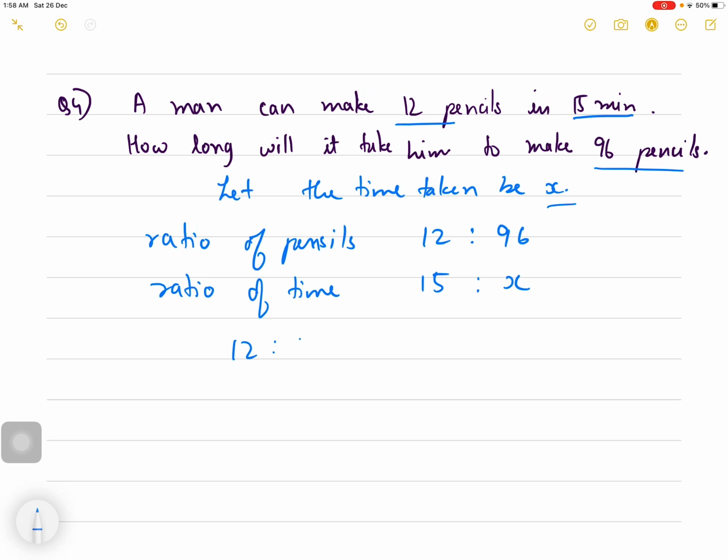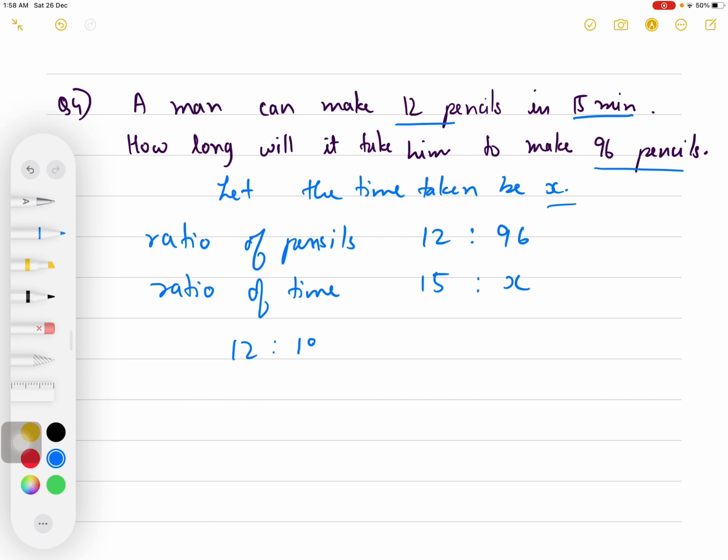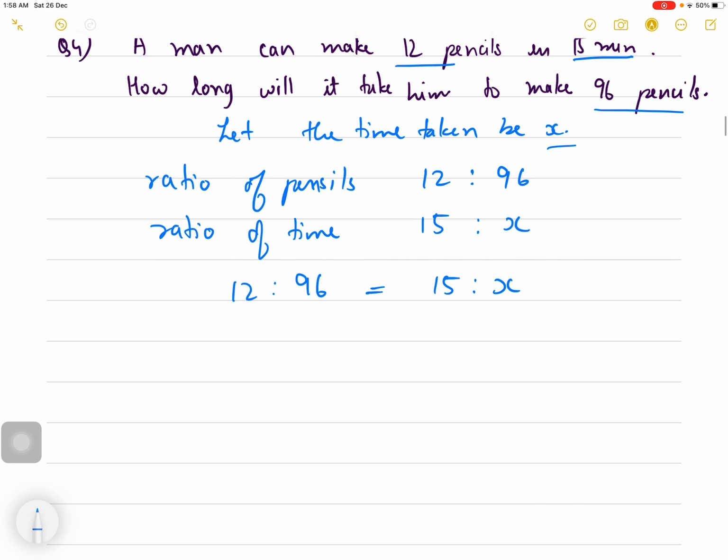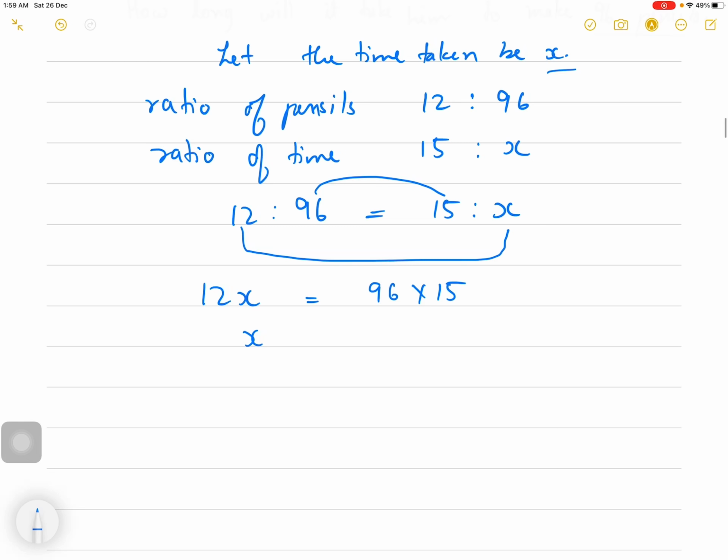So 12 is to 96 is equal to 15 is to X. So you know the product of extremes is equal to the product of means, right? So 12x is equal to 96 into 15. So x is equal to 96 into 15.